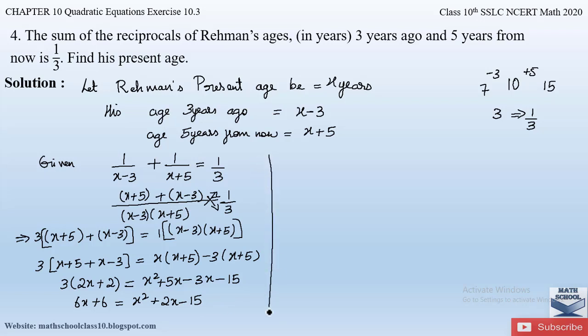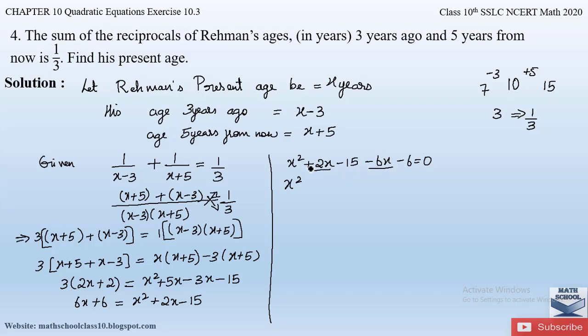Okay, so transferring this plus 6x and plus 6 to the right hand side, we are going to obtain x square plus 2x minus 15x plus 6x will become minus 6x and plus 6 will become minus 6 is equal to 0. So x square, so we have here plus 2x and minus 6x.